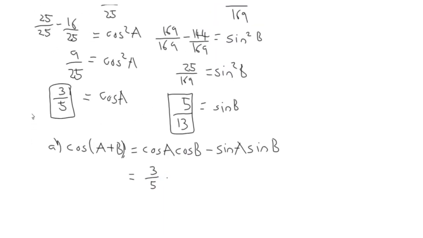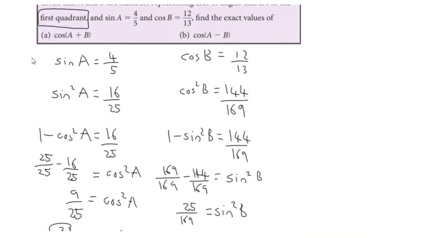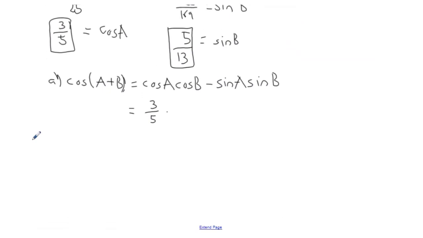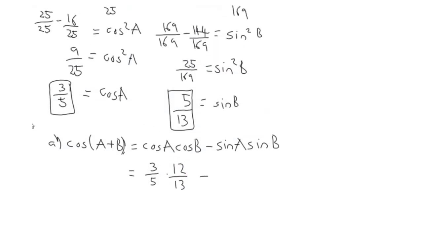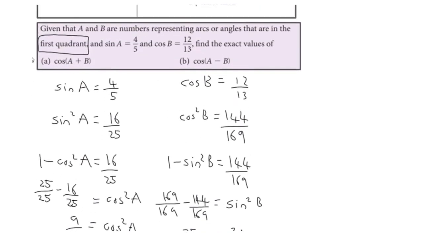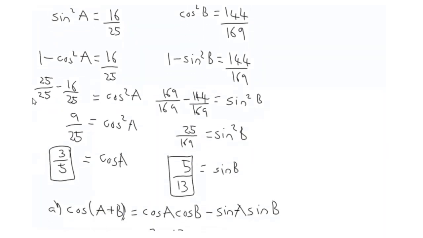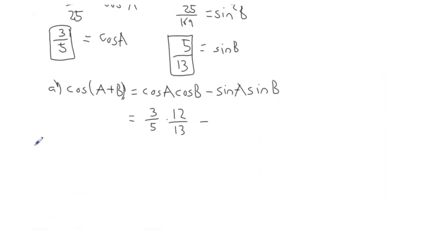Cos B was 12/13, minus sine A was 4 over 5, and sine B is 5 over 13. So 4 over 5 times 5 over 13.